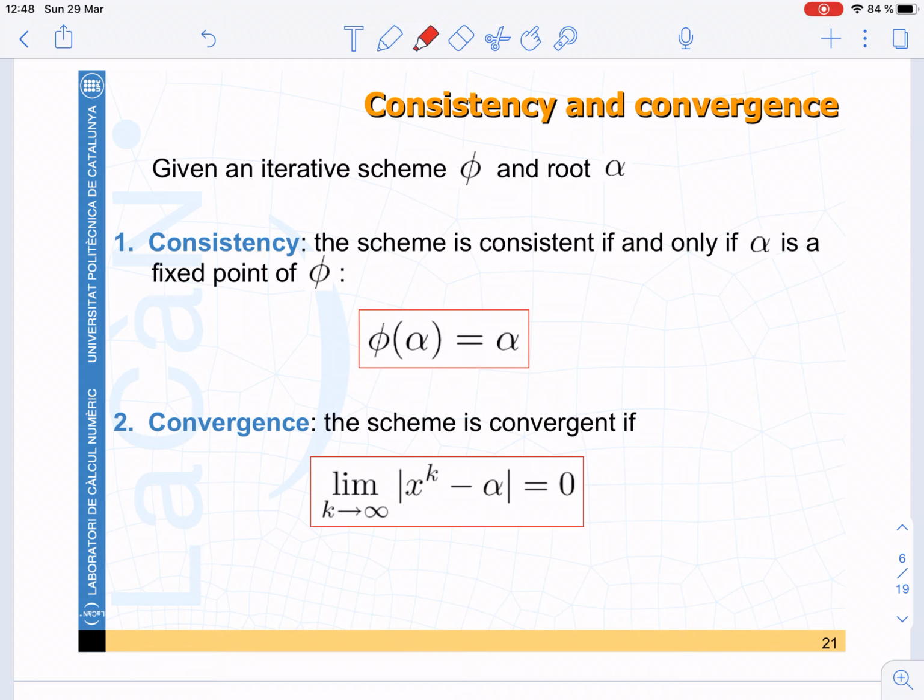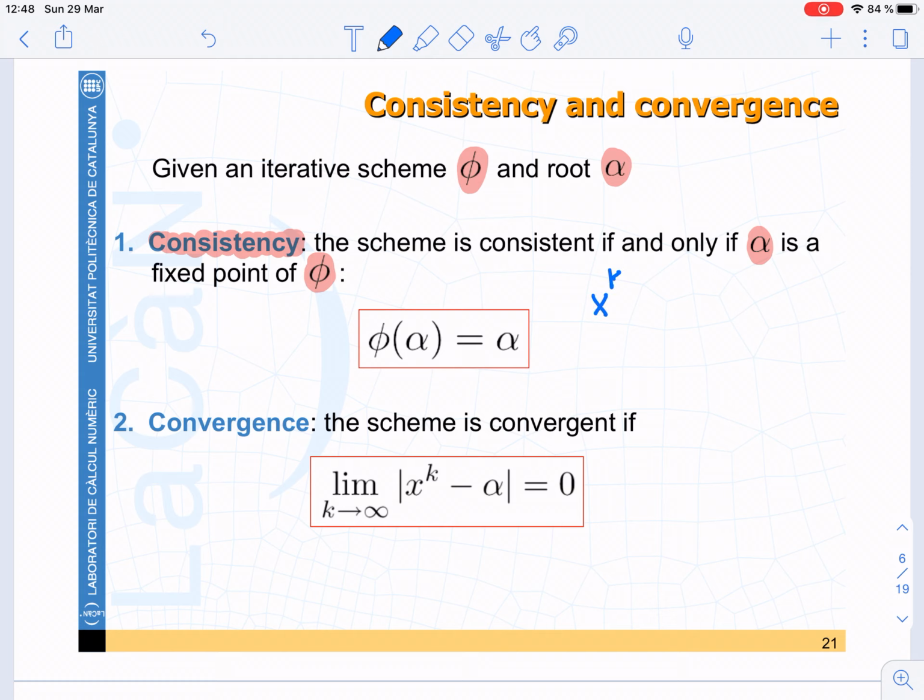Now, consider an iterative scheme phi, like the one we just saw for Newton's method, and a root alpha. We will say that the iterative method is consistent if and only if alpha is a fixed point of the iterative function phi. The idea is the following.